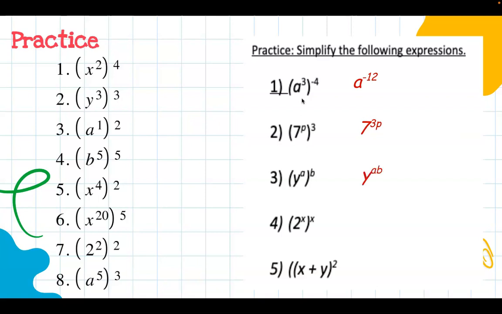Number 3 should be y raised to ab. Number 4, 2 raised to x squared. And the last one, I'm sorry, I lacked one bracket. The brackets are not complete, but it should have been the quantity x plus y raised to the second power.